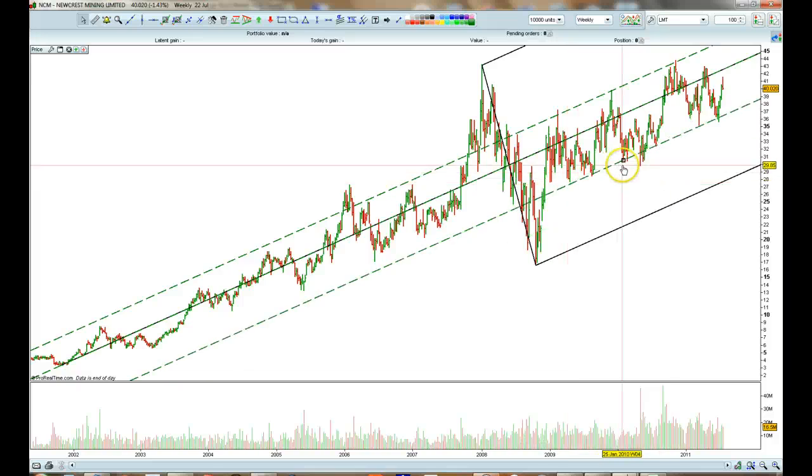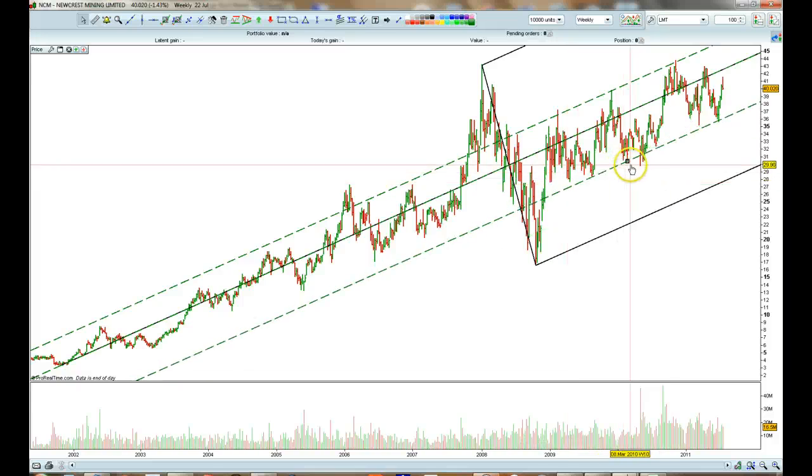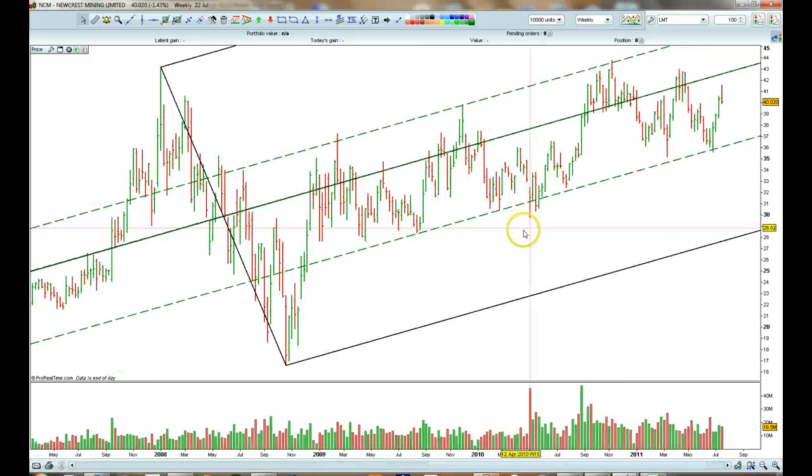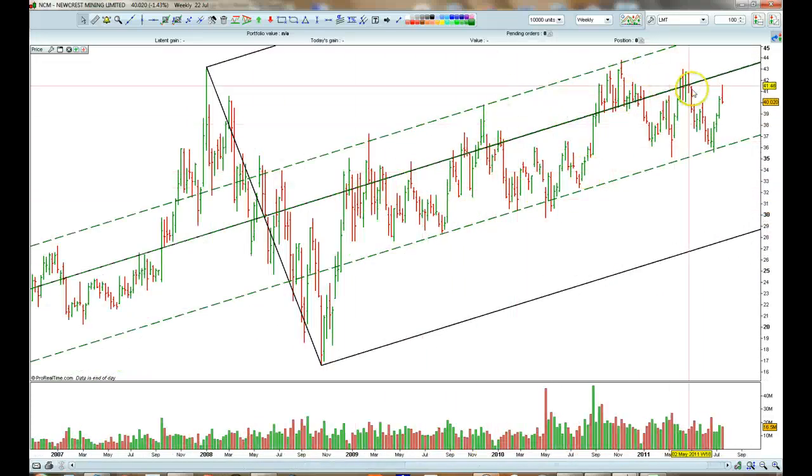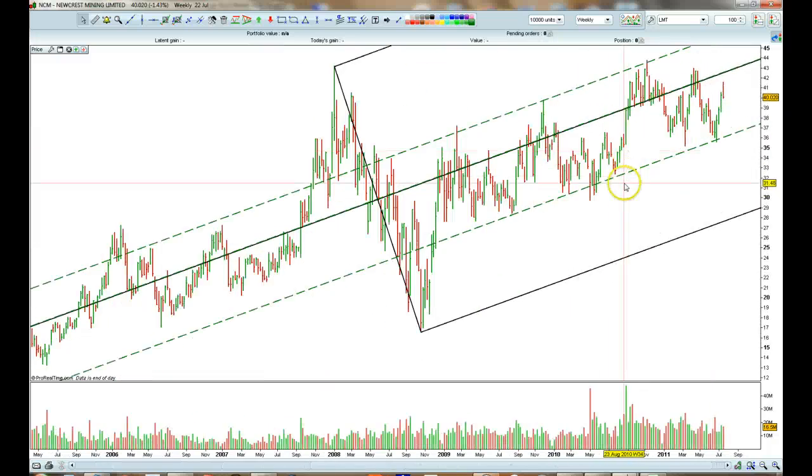So there we go, that picks up a couple of pivots. That gives us this bit of a channel that it's been creating up in.